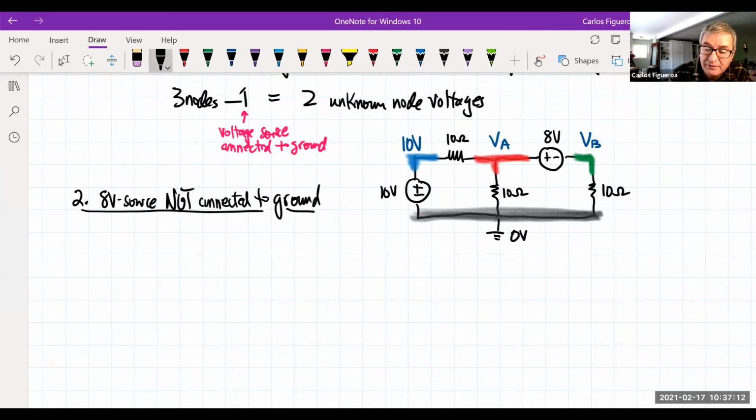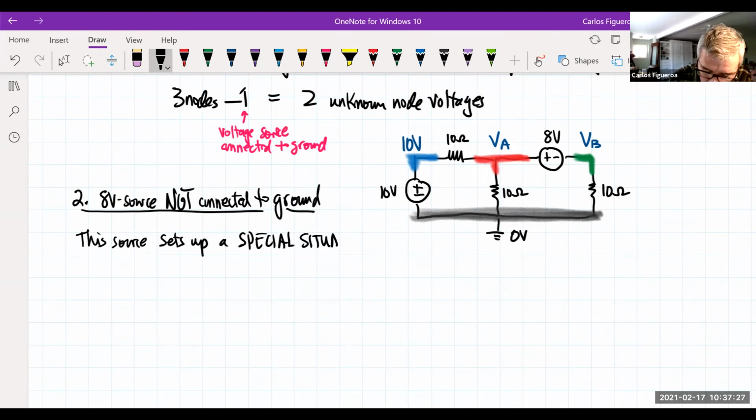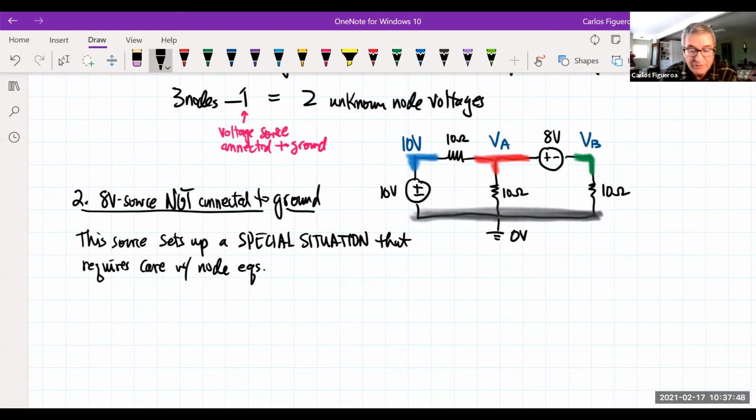So what you find is that this source sets up a special situation that requires care with the node equations. So why does it do that?